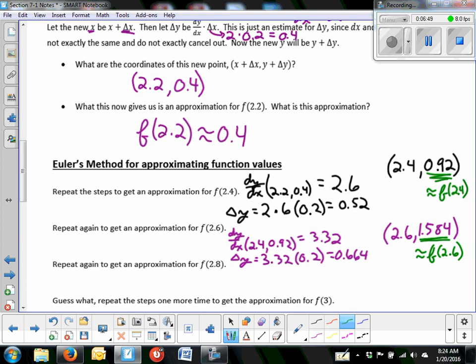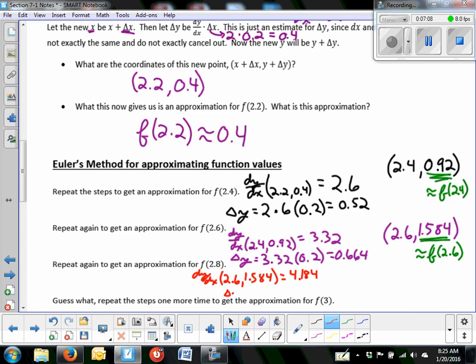So then I'm going to do another 0.2 closer on the x coordinate. So I need dy dx at the point of (2.6, 1.584), which is going to be 4.184.